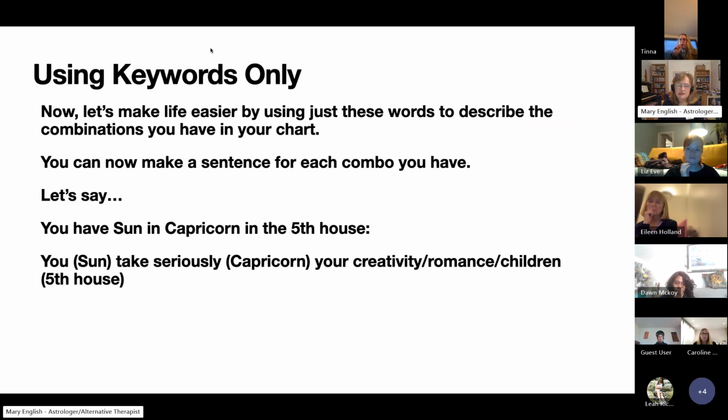So using the keywords early, let's make your life easier by just using those words to describe the combos you have in your chart. So let's say you have Sun in Capricorn in the 5th house. You can make a nice little sentence. You, the Sun, take seriously, Capricorn, your creativity, romance, children, 5th house.